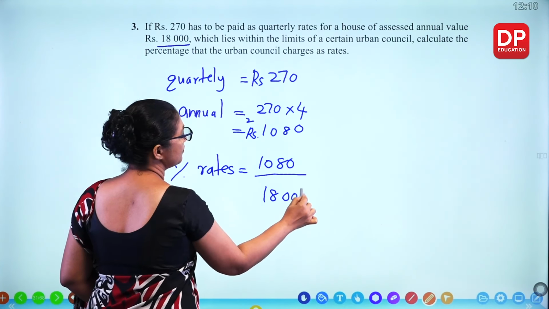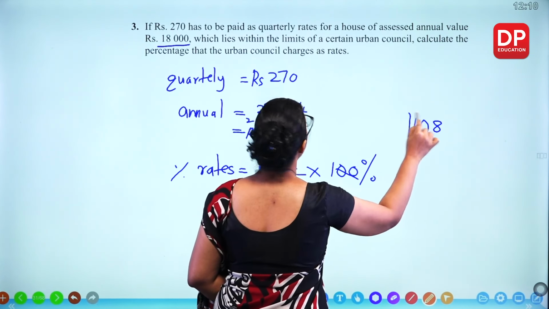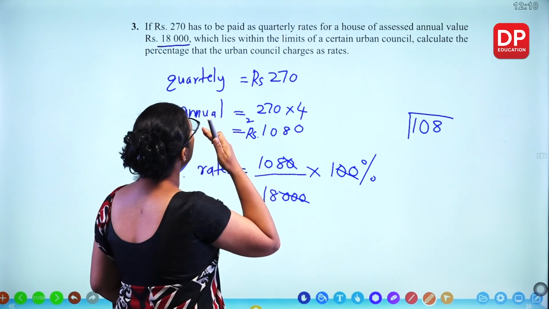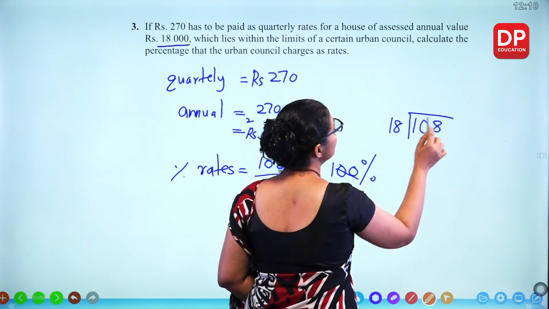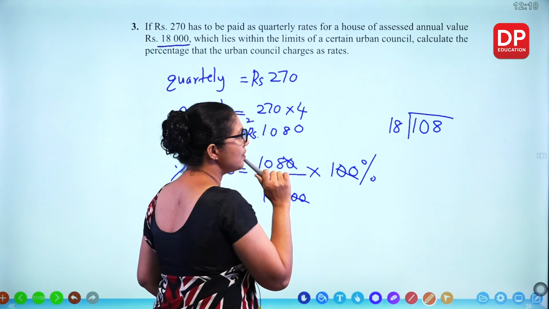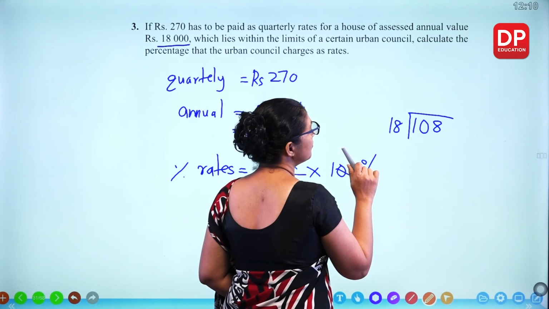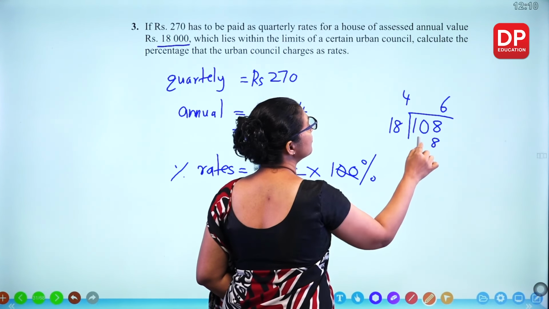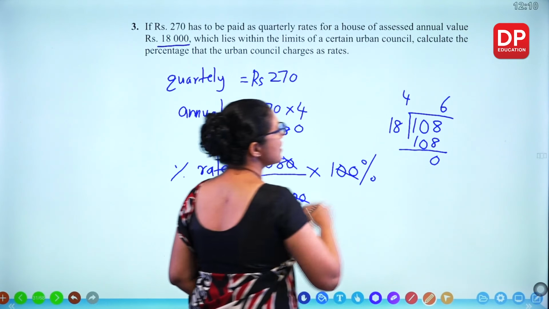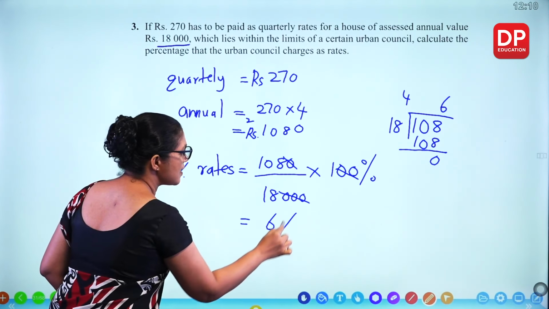And divide by 18. 108 divide by 18. What's the value? 6. So you get 6 as the answer. So the answer is 6%.